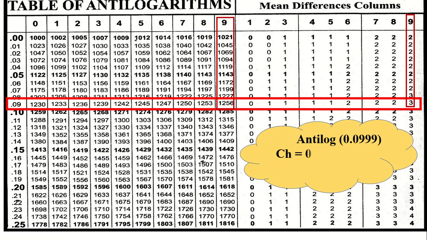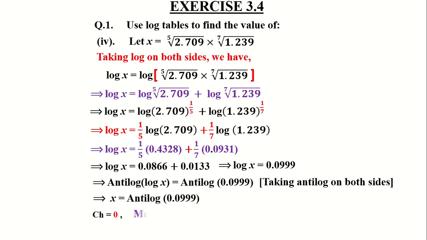The antilog characteristic is 0, the quantity before the decimal point in antilogarithm is the characteristic. Mantissa 1256 is clear in the view, plus 3 makes it 1259. So this is the value.